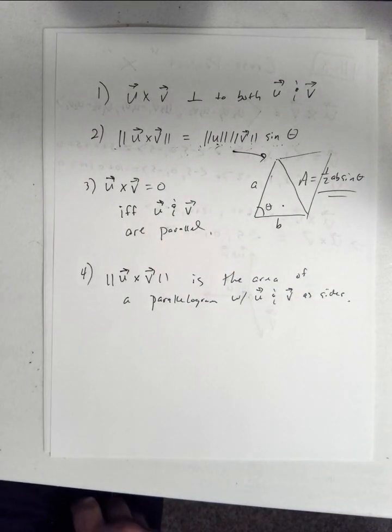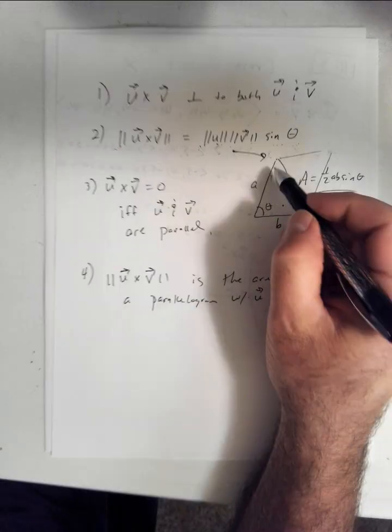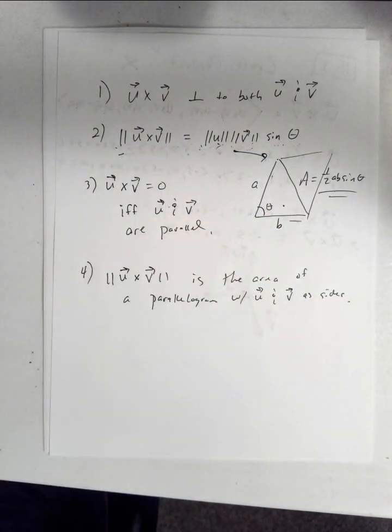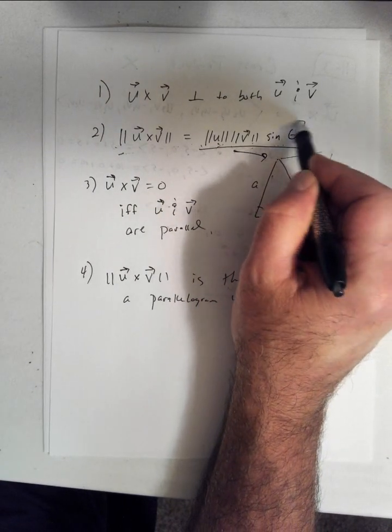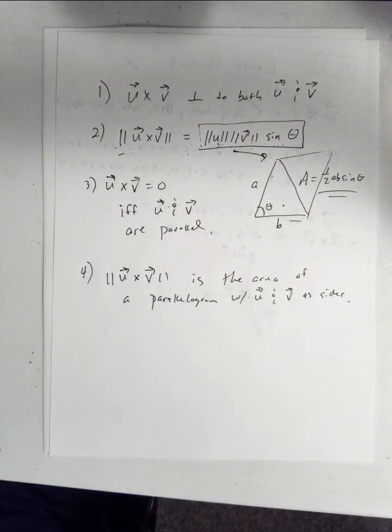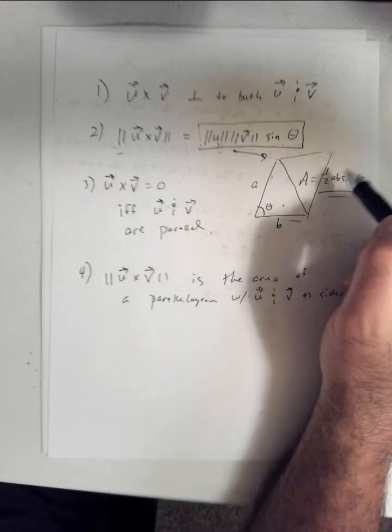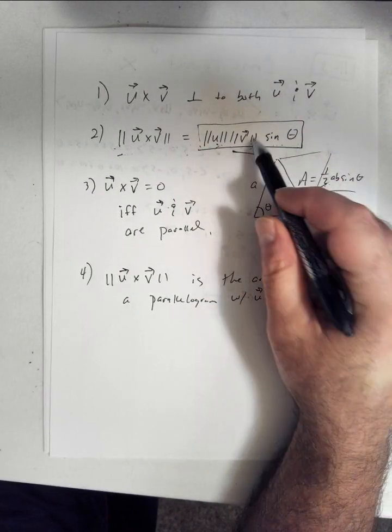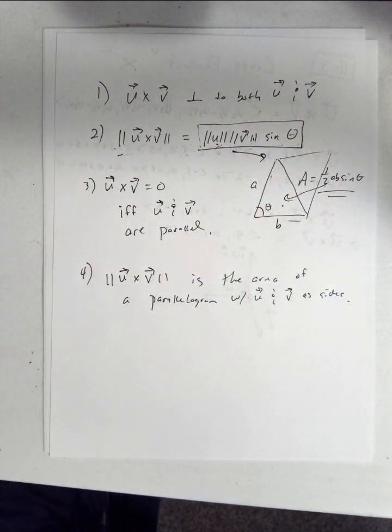So that's kind of neat. We can have two vectors or get two sides, and all we got to do is calculate the magnitude of the cross product, and you are getting the area of the parallelogram, which means that this is also the area of that parallelogram. Right? So this was the area of the triangle. All we did was double it. Okay.